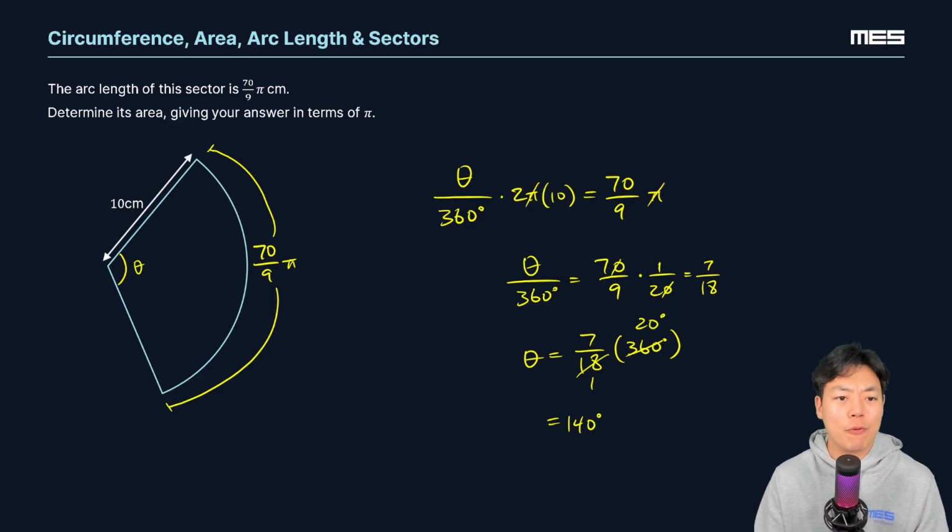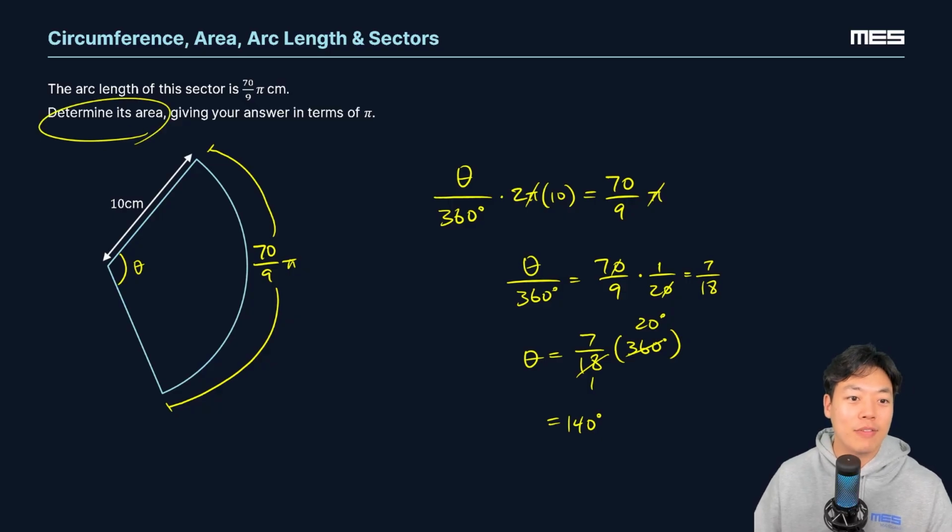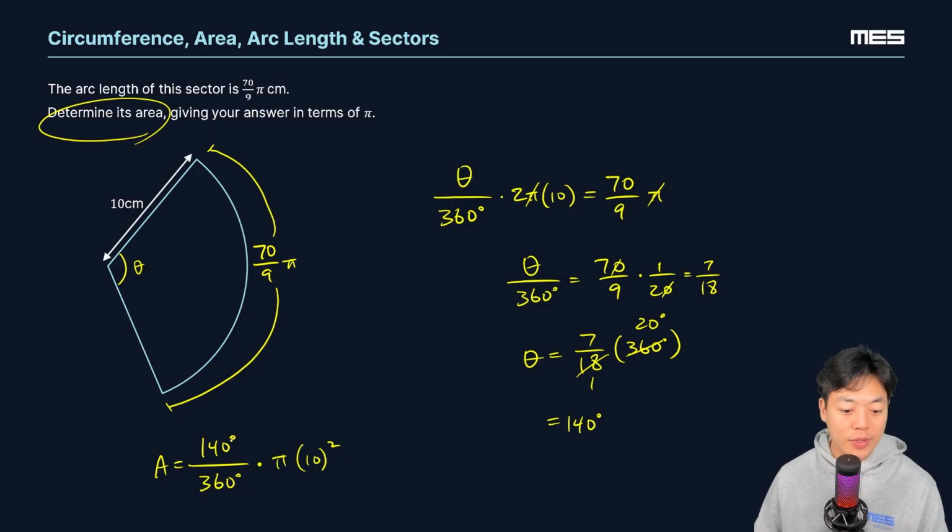Now, why is this information important? Well, it's crucial in determining the area of this sector. The area of this sector will be 140 divided by 360 times the area of the entire circle, which is pi r squared. Now, 140 and 360 both have a 10 in common, so we can cancel that out.